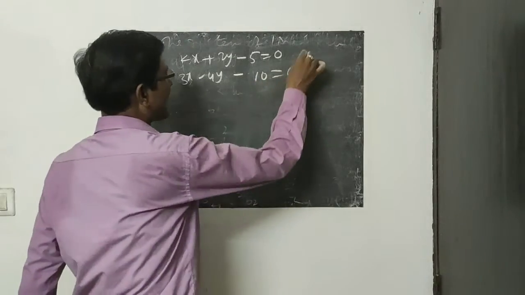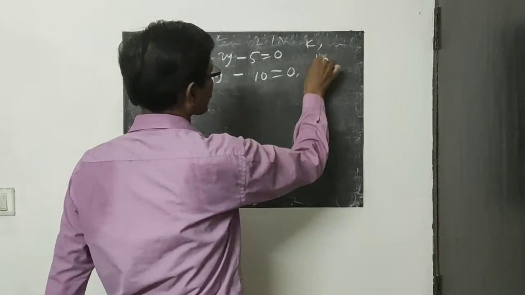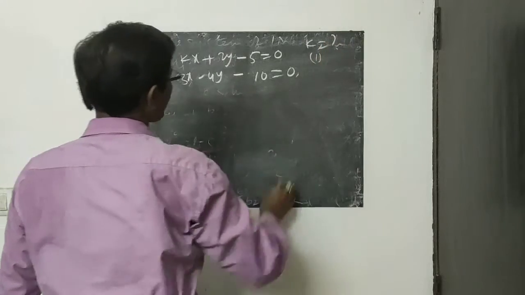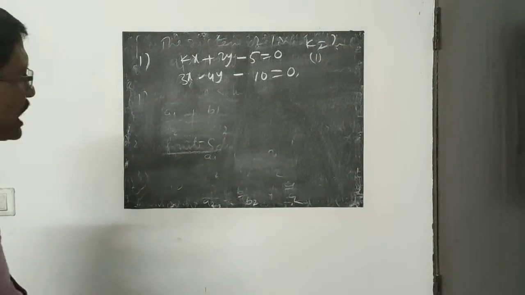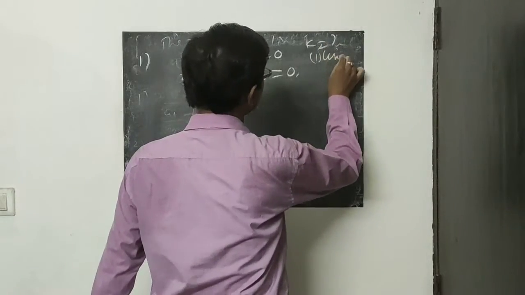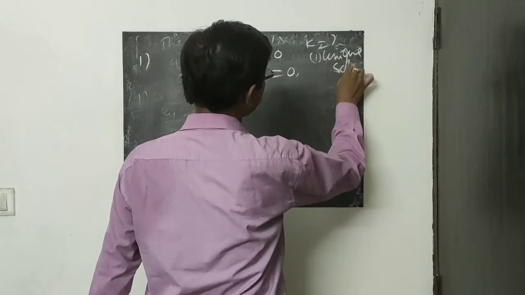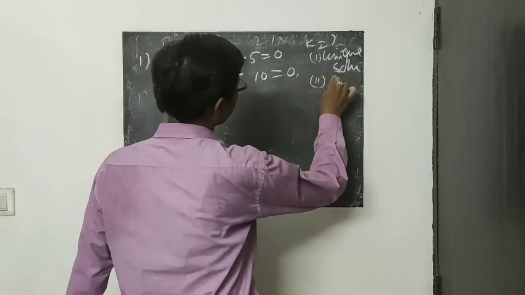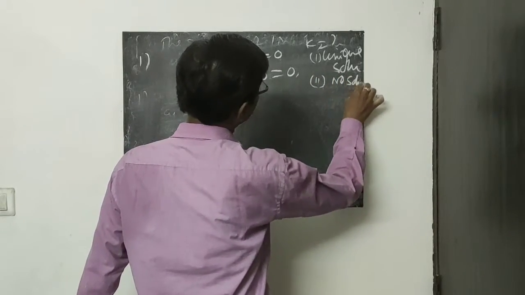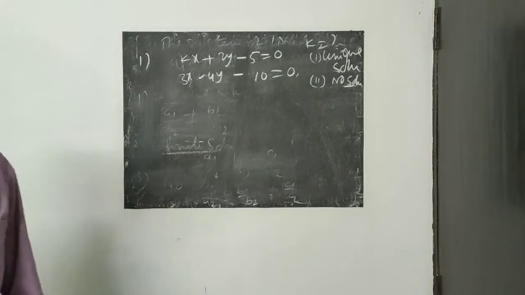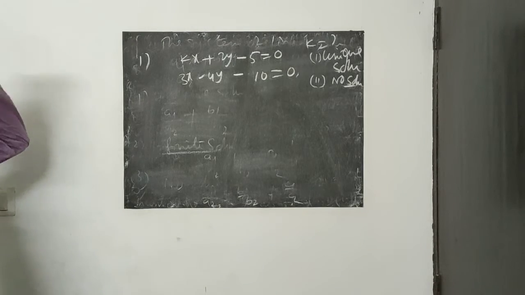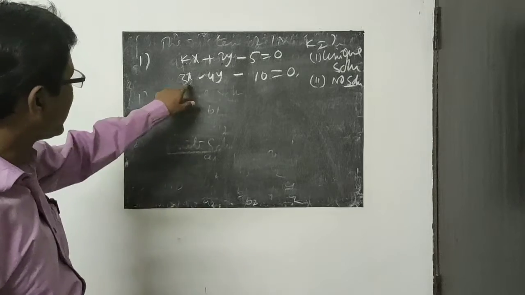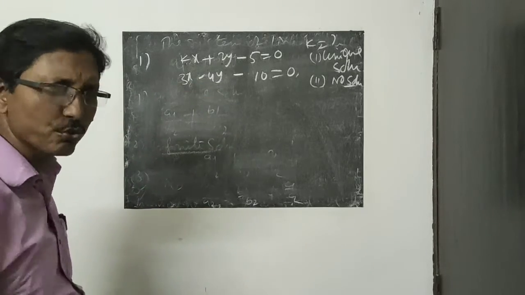Find the value of k for which the system of equations will have a unique solution, and second, the value of k for which it will have no solution. Always compare with the standard form a1x plus b1y plus c1 equal to 0, a2x plus b2y plus c2 equal to 0.